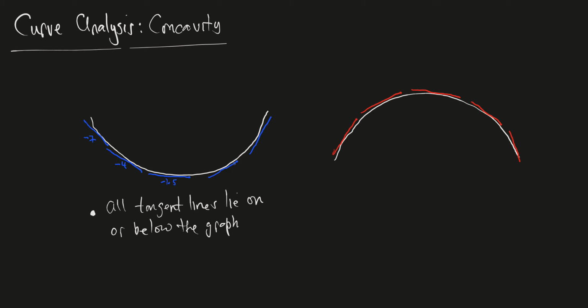But then look what happens over here. It now changes to a positive slope. So maybe this would be a 2.1 slope, and then maybe this would be a slope of 5. Look at those numbers. We can say that the slope of the tangent lines is increasing because the numbers are literally getting bigger: -7, -4, -1.5, 2.1, 5.